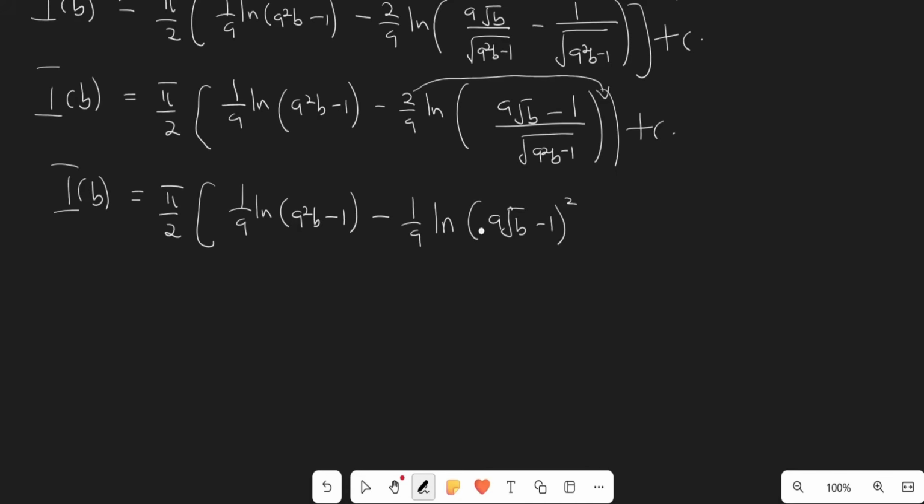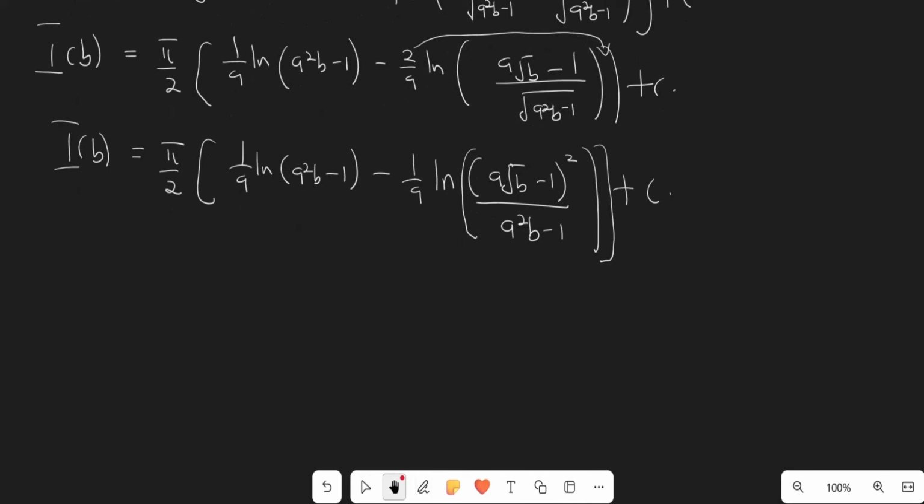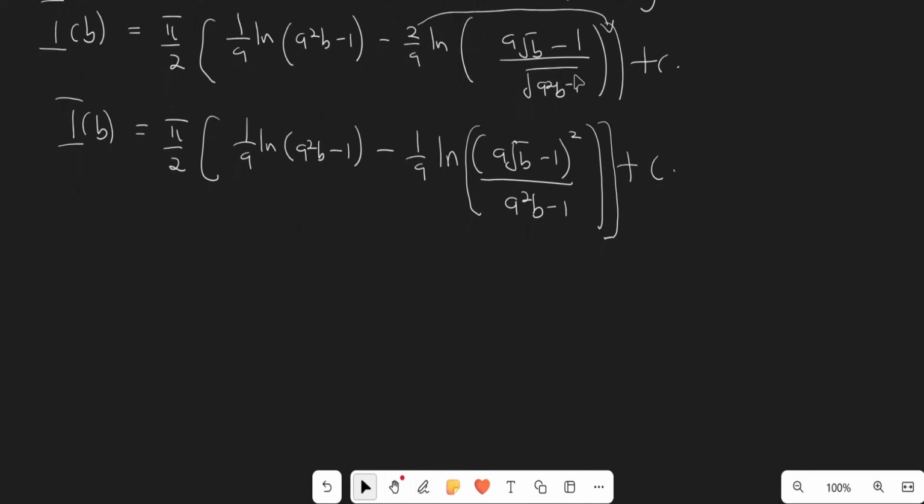This is squared, right? All this one too is divided by the square of this one. So the square of the denominator is just going to remove the square root. That is going to be a squared b minus 1, plus the constant of integration. All right, so because this square is going to remove the square root, that's what we have.